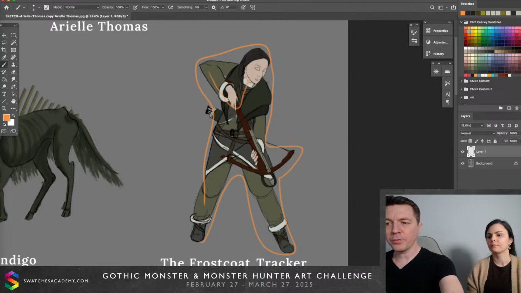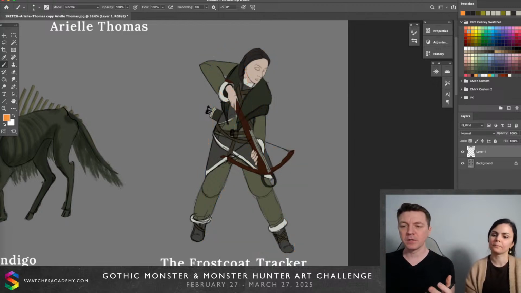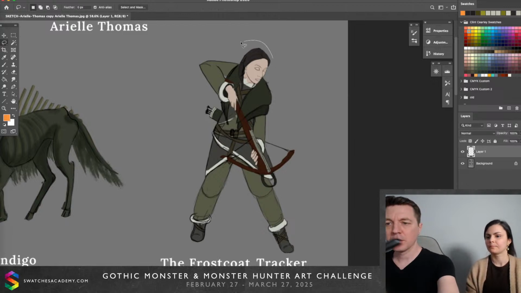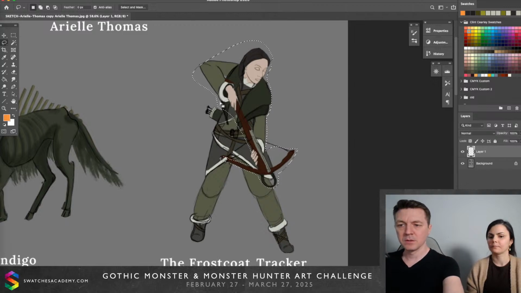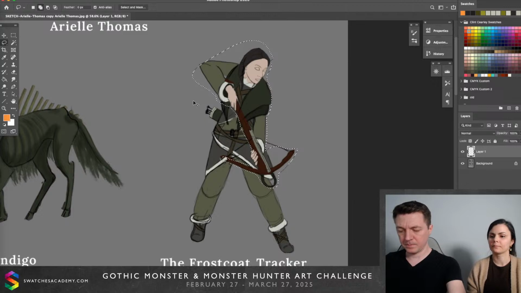All of the hands, arms, and weapon are falling within the silhouette of that body. So we've got to let some of the limbs and the weapon break from that silhouette. I think you could get pretty close to doing that by changing the tilt of the upper body. Let me see if I can just tighten that up a little bit.